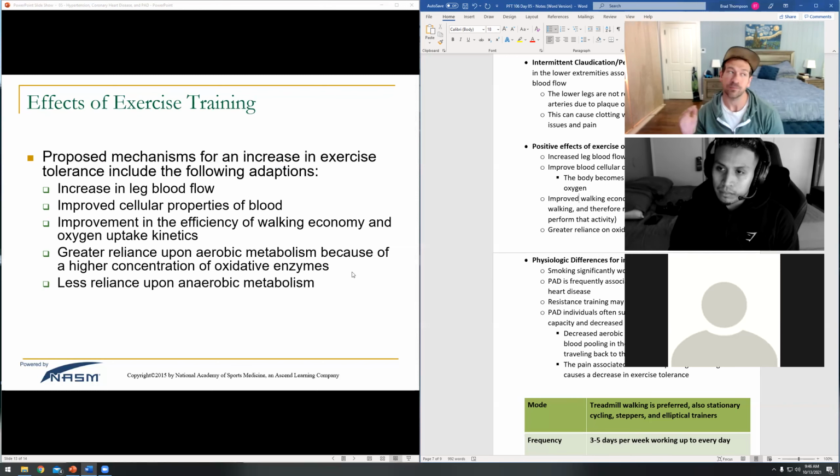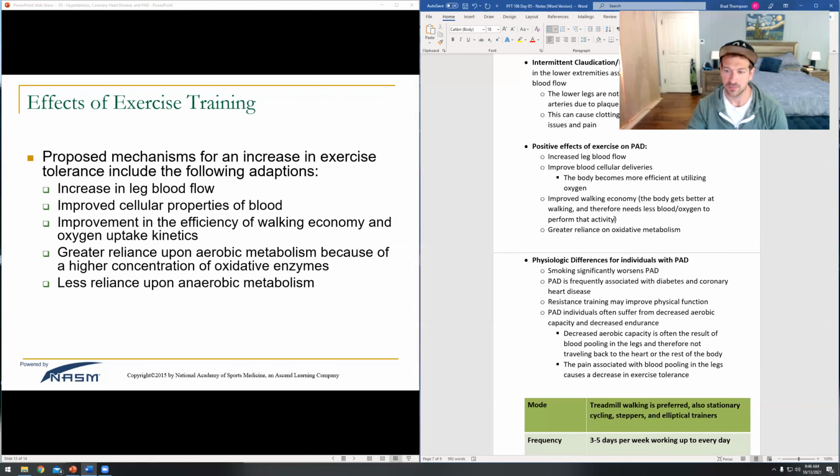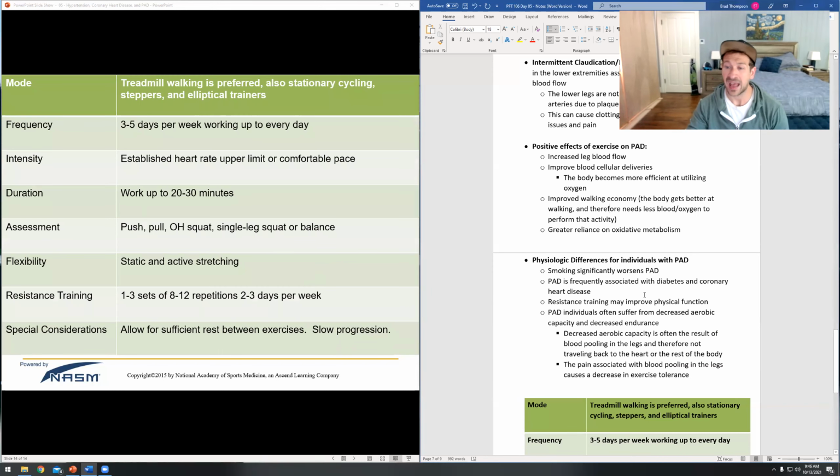Yes, but make the blood better, make the posture better to work with the blood, and the pain goes away, not to mention actually fixing the plaque and stuff. And we are going to see less reliance on anaerobic metabolism. Their bodies will actually get better at that oxidative aerobic metabolism.